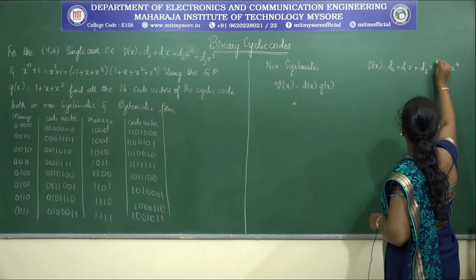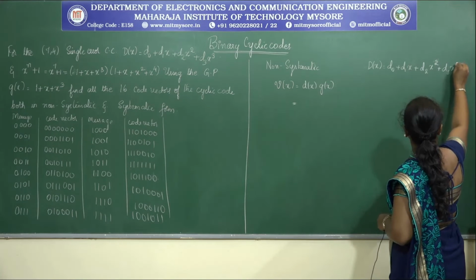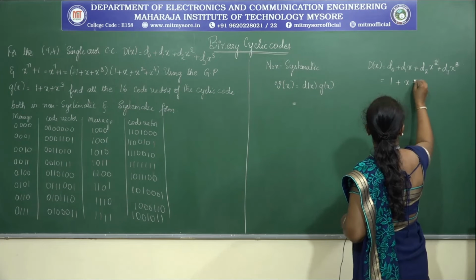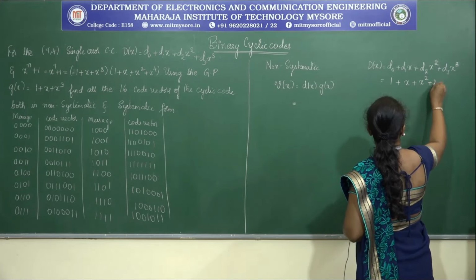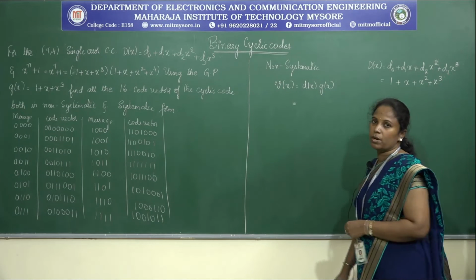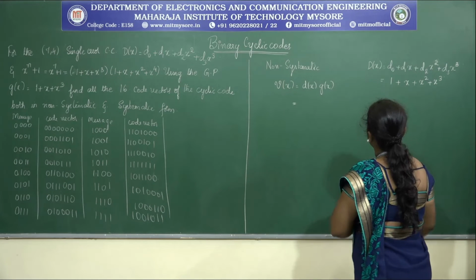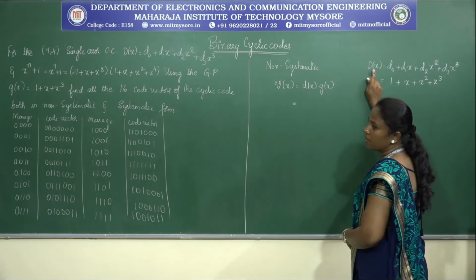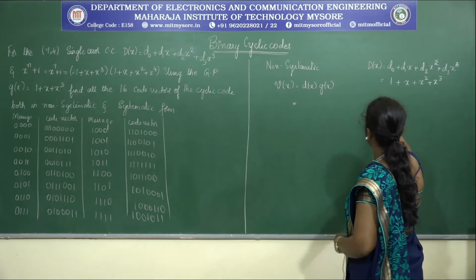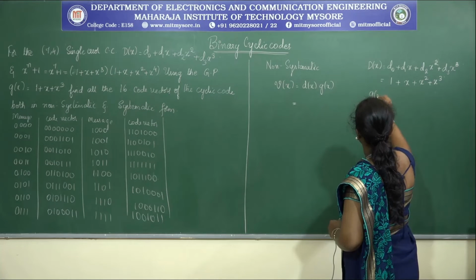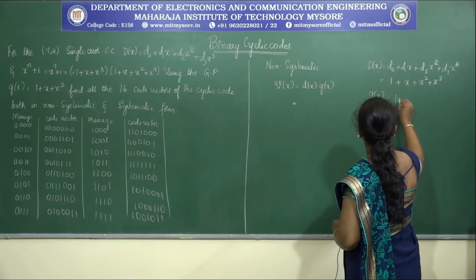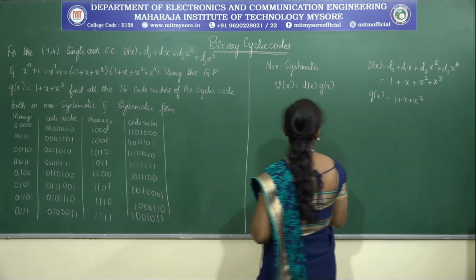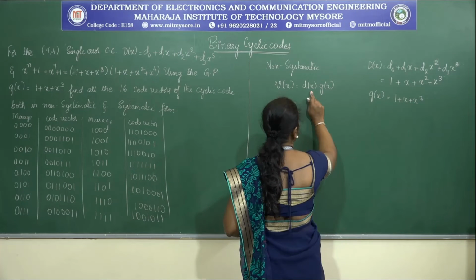So this is x square as well as x power 3, so then this is 1 plus x square plus x to the power of 3. This is how we write the polynomial structure. From this standard form, similarly g of x is given by 1 plus x to the power of 3. So d of x into g of x.